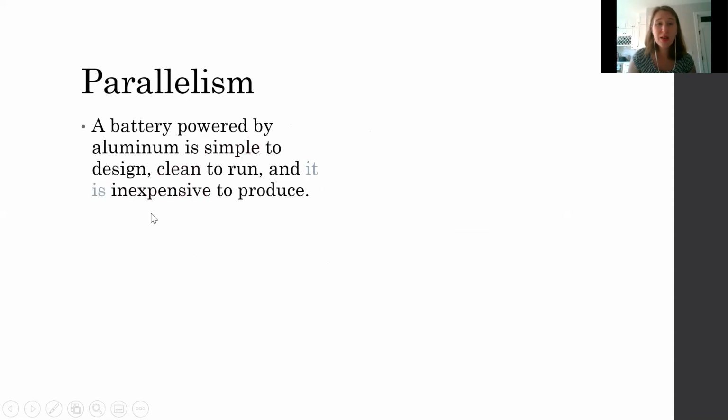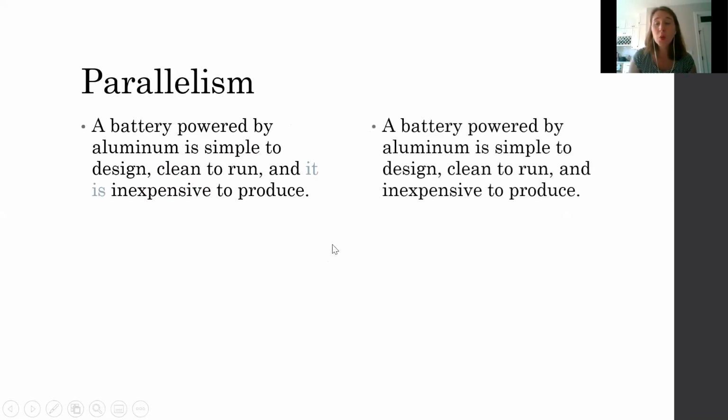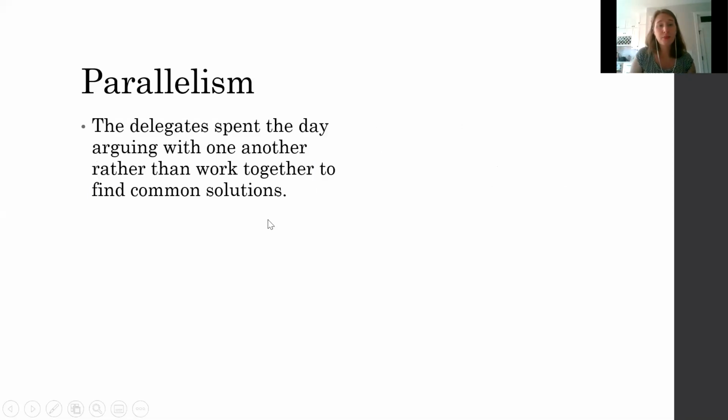So it just kind of makes the rest of the sentence feel a little bit clunky. So we can rewrite this by just getting rid of "it is," and say, now our battery is simple to design, clean to run, and inexpensive to produce. I could rewrite these in any order. They'd be interchangeable with each other in that list, okay?